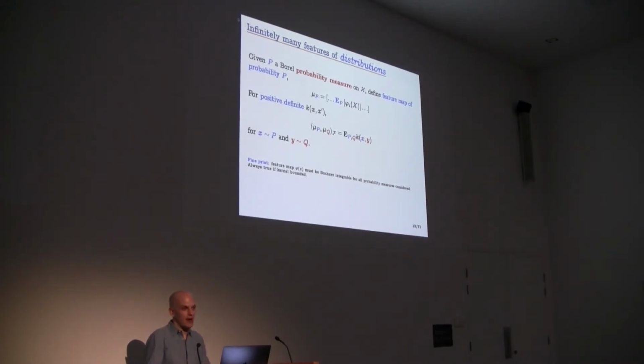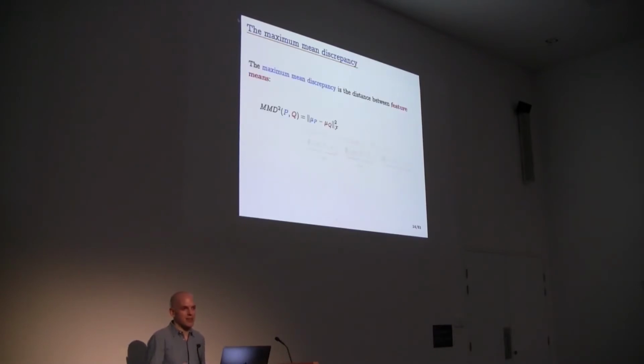Now I want an algorithm to compare expected distribution features that depends only on dot products. Here's a very simple one: it's just the squared distance between the expected features.